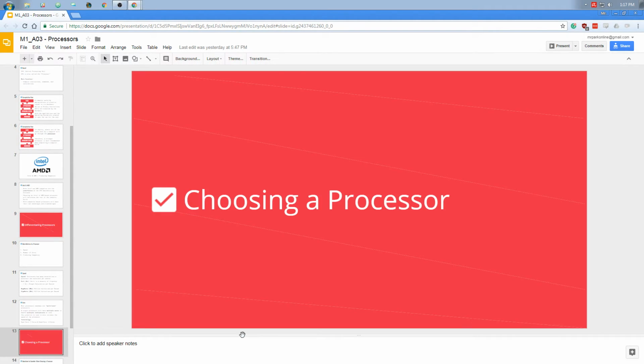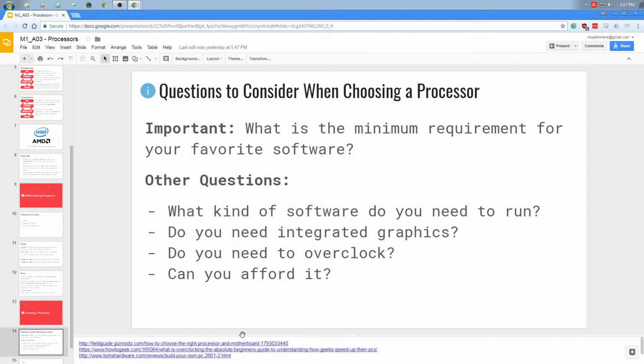Let's talk about choosing a processor. Here are questions to consider when choosing a processor. The very first important question you want to ask yourself is what is the minimum requirement for your favorite software? Think about that game, or think about Photoshop, or Sony Vegas, these big software programs that you may use on your computer, and look at the minimum requirements and the processor requirements.